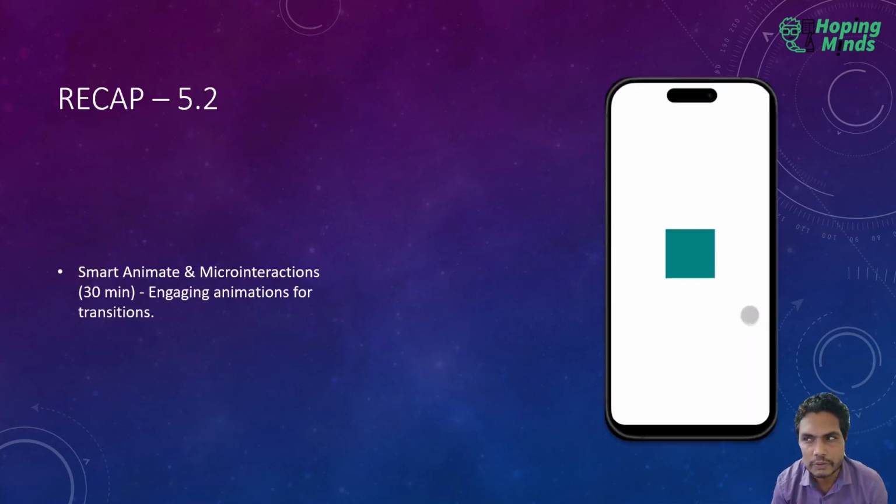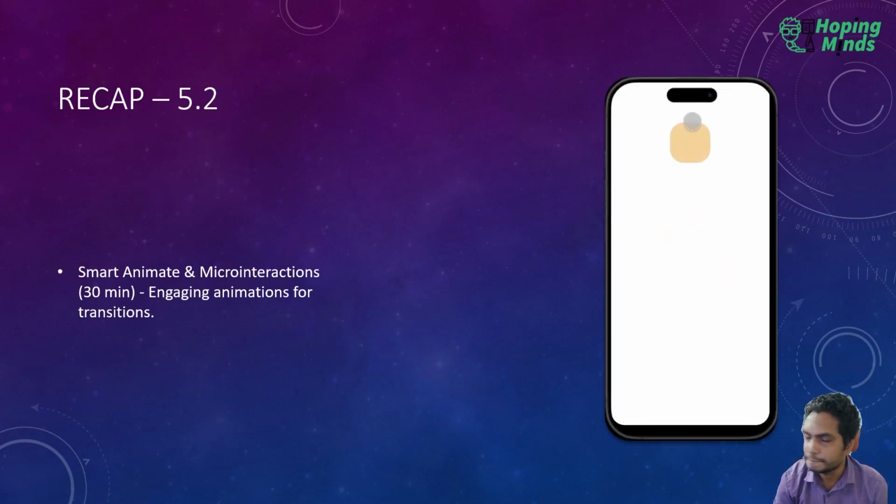Before we dive into it, let's do a quick recap. In chapter 5.2, what did we learn? We learned about smart animation and how it can help you move between screens and animate any object, whether you have to scale it, change the color, change the angle, or change the position of it, all through different click methods, pressing, or hover.